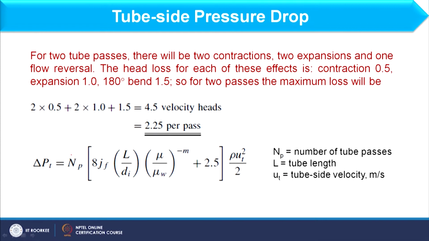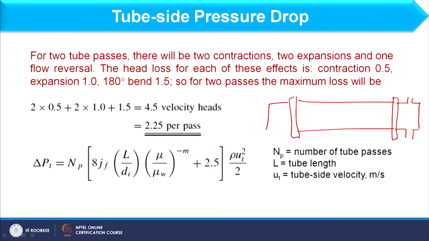For that purpose, if I am considering passes in tube side, here I have a pass partition plate, and the tube is available like this.